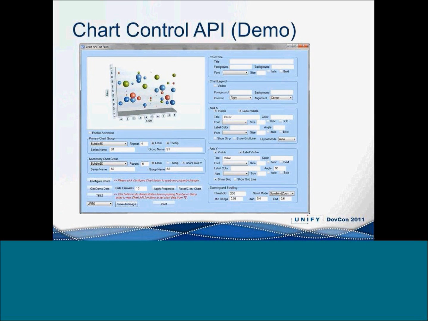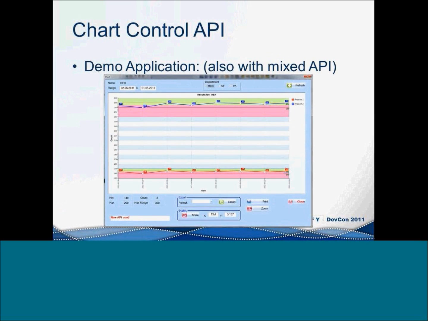So this is a demo application. Later on, I'll show it again. But this application is mixed with old and new API. And you can see at this point, we have colored zones. Like we have in the top a green zone, and we have a red zone, and we can split zones into special areas.